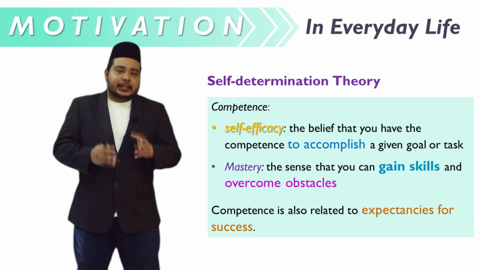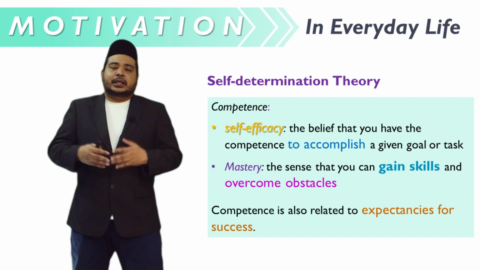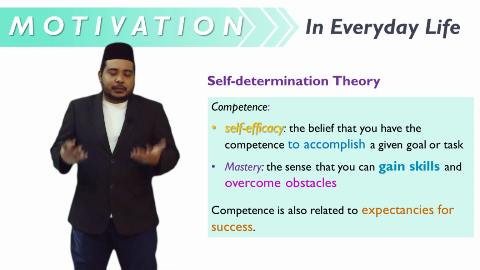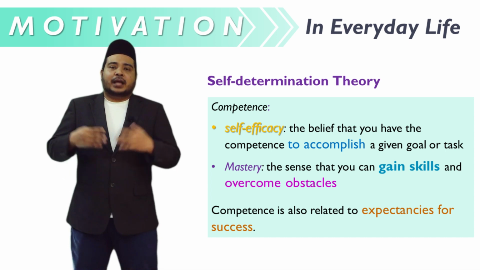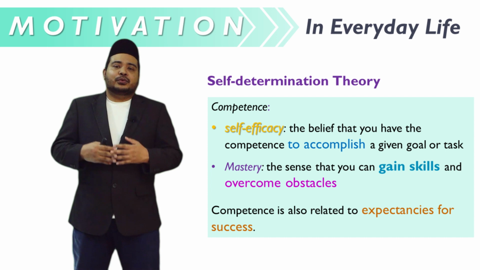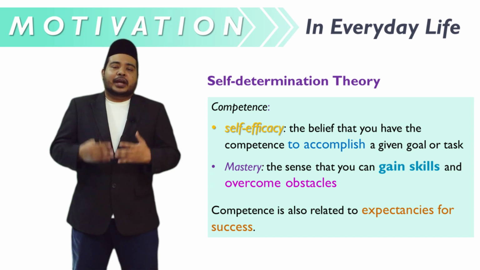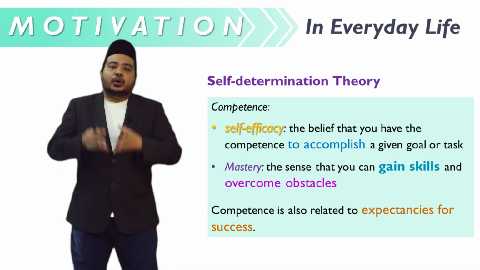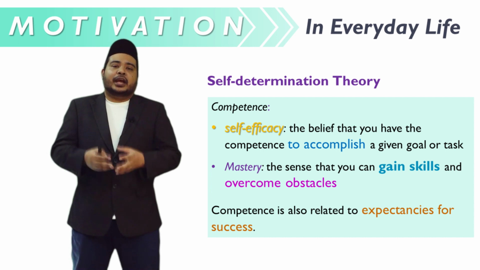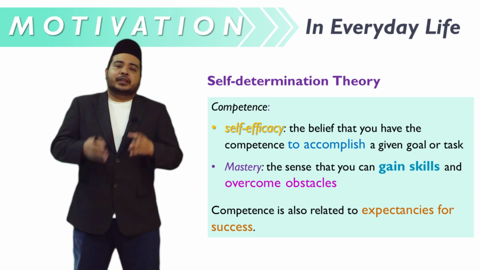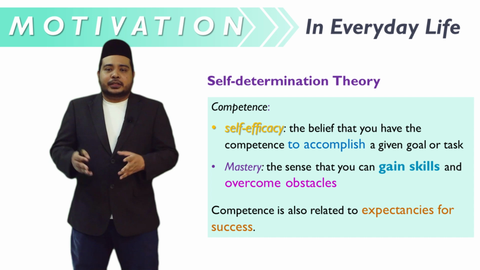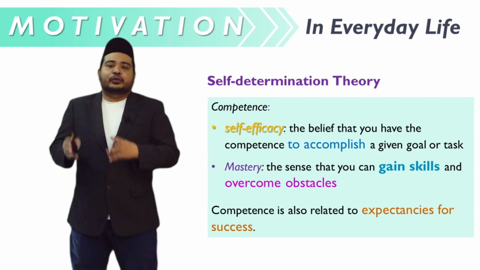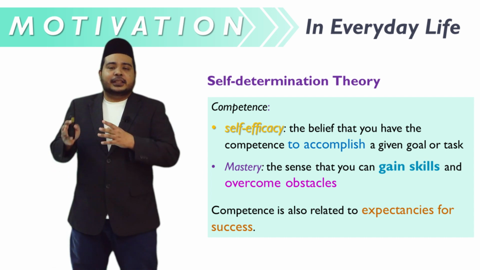It is highly related to our confidence. When people give you assignments, targets, or KPIs, you have the belief in yourself that you have the competencies and abilities to accomplish, complete, and fulfill those tasks.